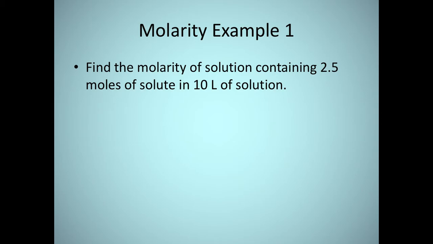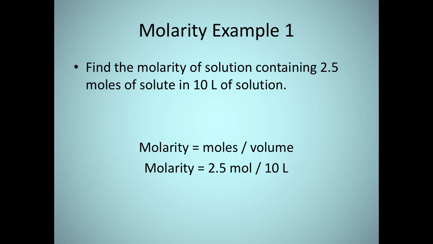So we're given the amount of moles, and we're given the volume, and the volume is in liters. We need to find the molarity. So from the triangle, we know that molarity equals moles divided by the volume. We plug in the 2.5 moles, and then we can divide it by the 10 liters.